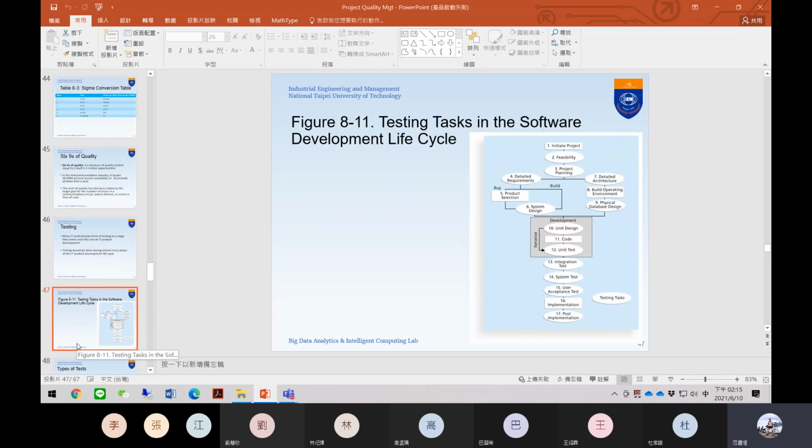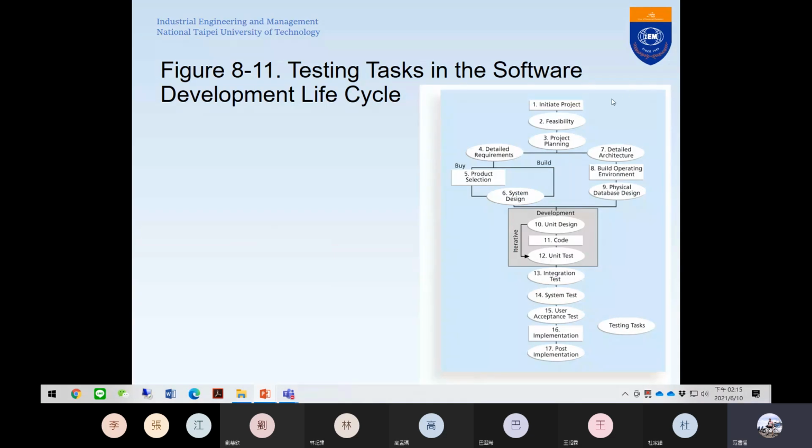This is figure 8.11, testing tasks in the software development life cycle. Let me give you the full window: initiate the project, perform the feasibility check, project planning, number 3 the testing task, number 4 detail requirements, and number 5 the product selection, buy or build.